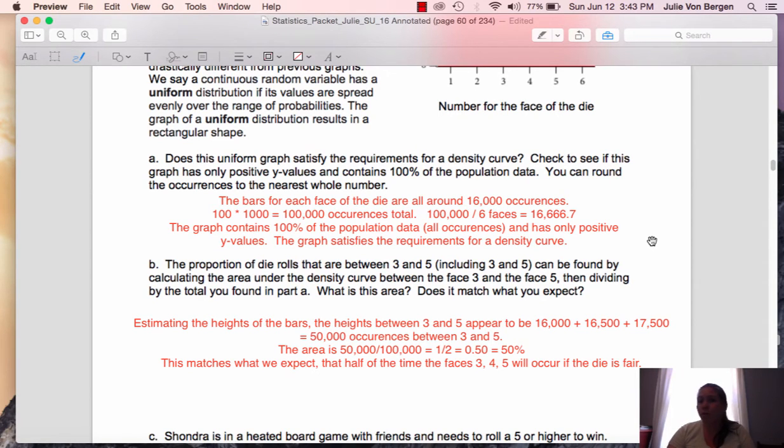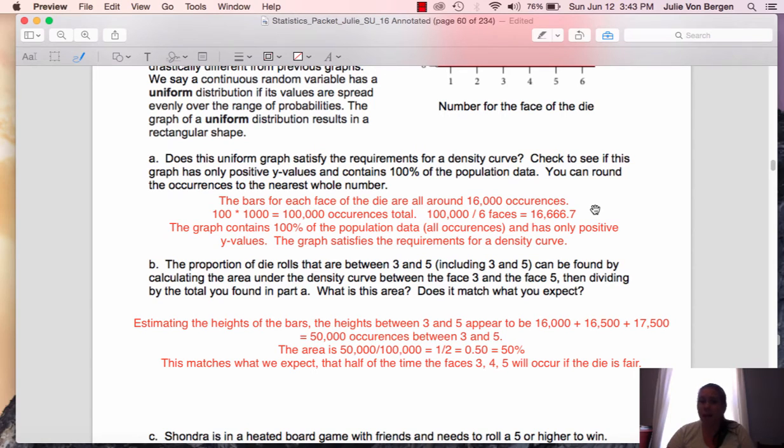The bars for each face are all around 16,000 occurrences, in fact, a little bit higher than 16,000. We can check, well, 100 times 1,000, that's 100,000 occurrences total that we expect. If we say it's even, 100,000 divided by 6 is right around 16,666.7.